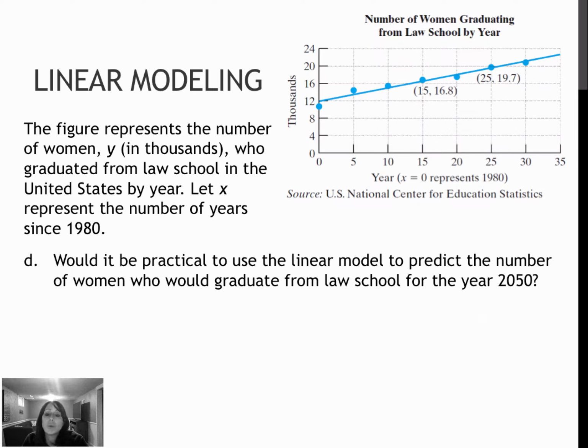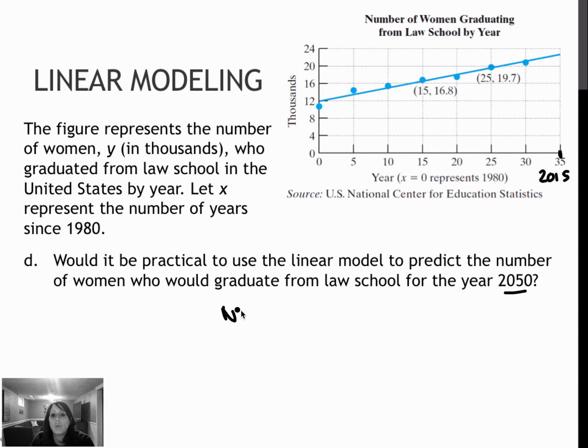Would it be practical to use a linear model to predict the number of women who would graduate in the year 2050? Well, let's take a look at the values that they give us. Notice up to here, just like on our last example, this would be the year 2015. If I were to go all the way out to the year 2050, that's quite a ways away. That's an additional 35 years beyond the data that I have graphed. This is called extrapolation, when you are trying to predict something outside of the range of your model.